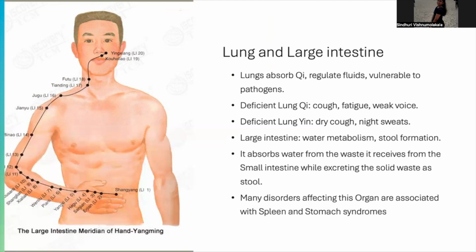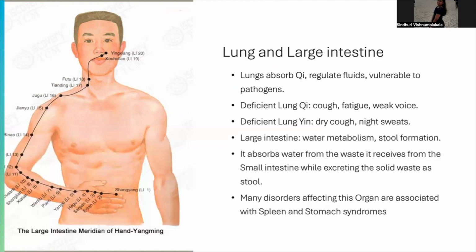So let's break it down again. It regulates the amount of oxygenated blood to be sent to the tissues and deoxygenated blood collected from the tissues. It is very vulnerable to pathogens as we can inhale them. And what happens if we have deficient lung qi?